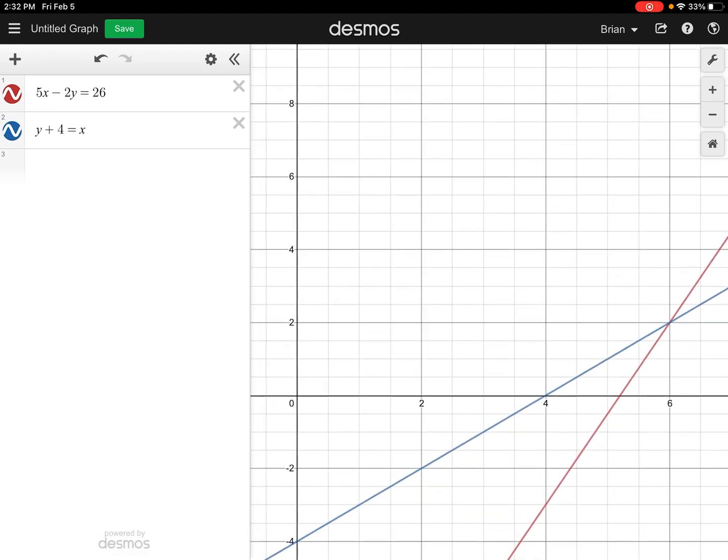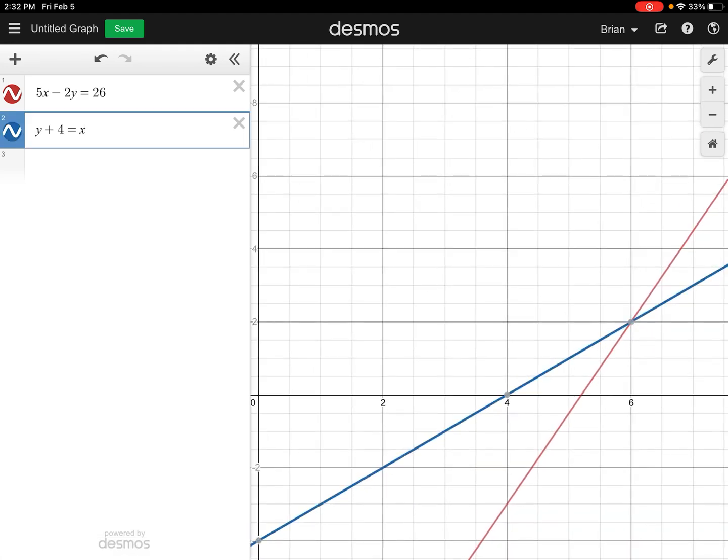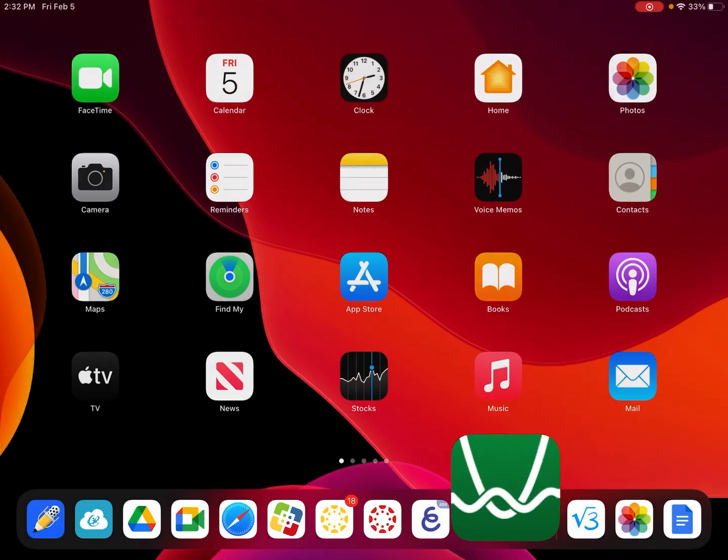All right, so there we have the two lines. They are going to be crossing at (6, 2). So instead of pasting in our graph like we did before, I'm just going to use it like you would in a problem, like if you were just checking your answer. Now I can see that my solution is (6, 2), and so now you know that you did that correctly. Good work.